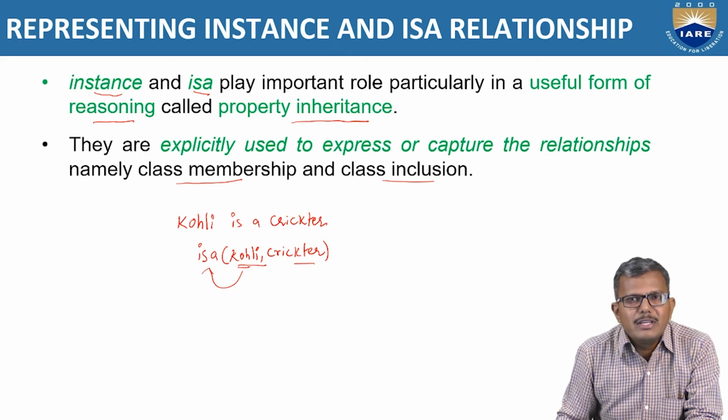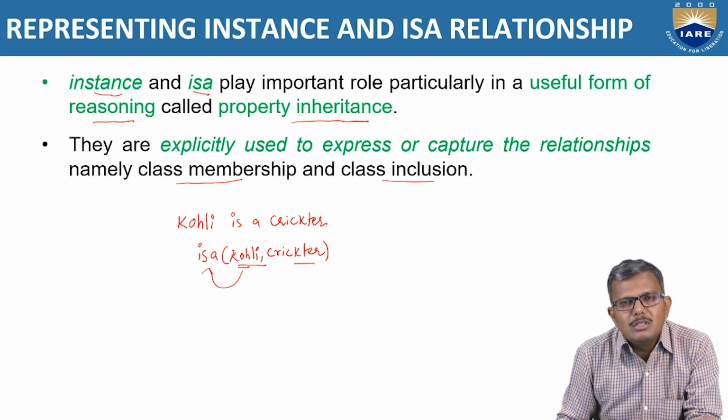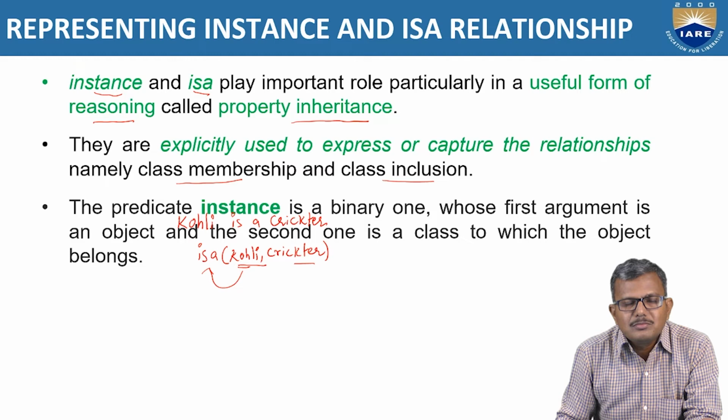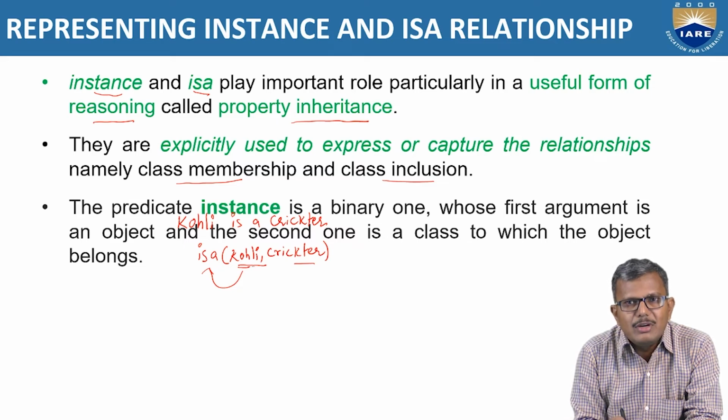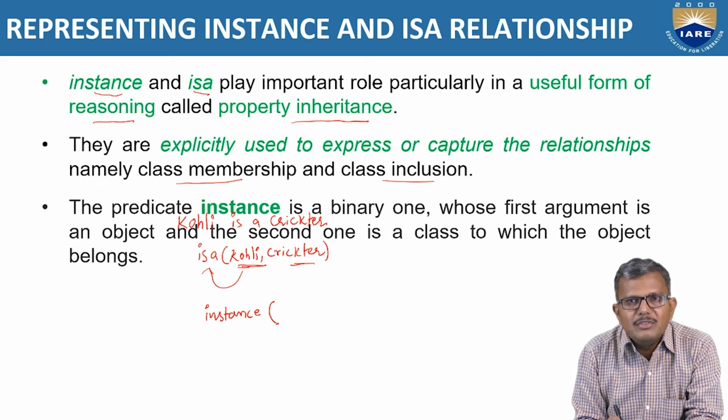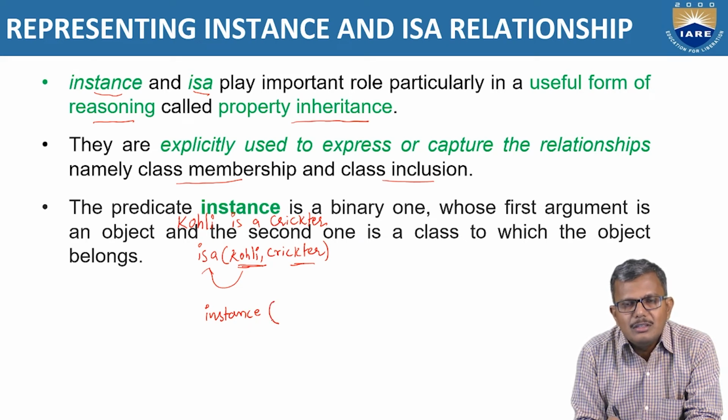We will have some more examples and make it clear how isa and how instance can be used. What is instance? Instance is a binary one, just like isa is also binary, because we have taken two parameters inside the parenthesis. Similarly, if you use instance in place of isa, it is also going to have two parameters.